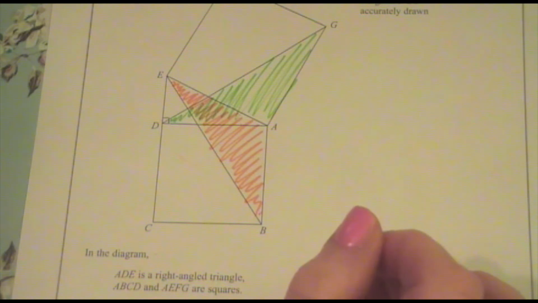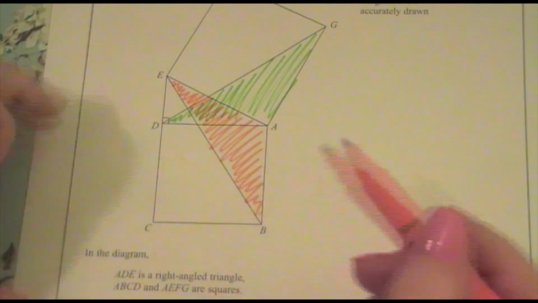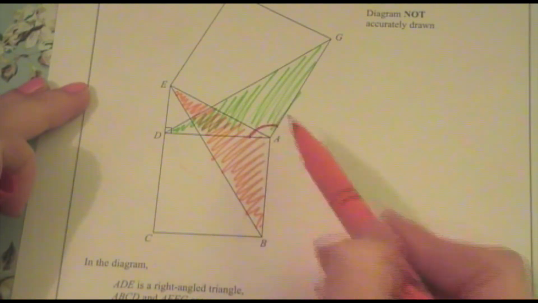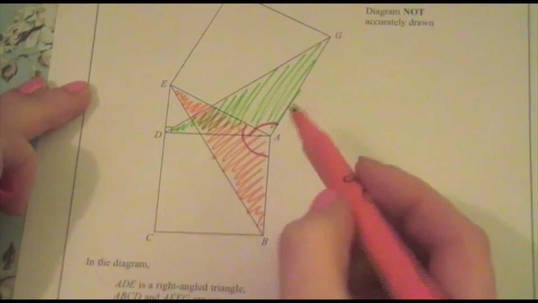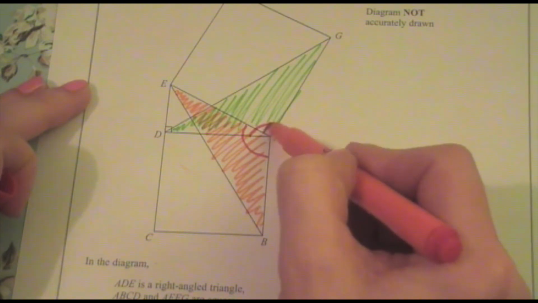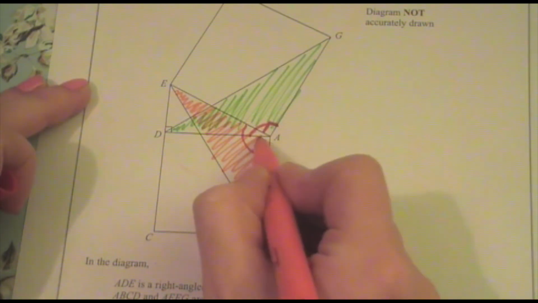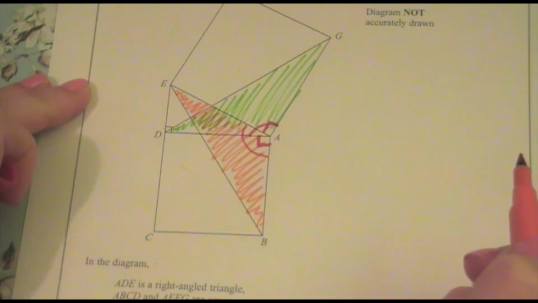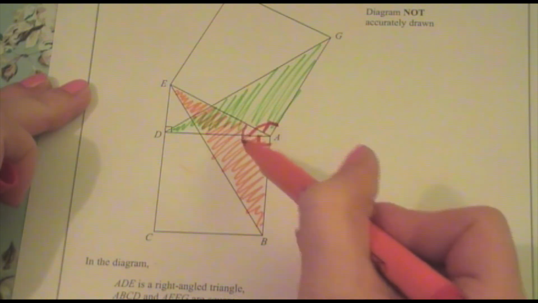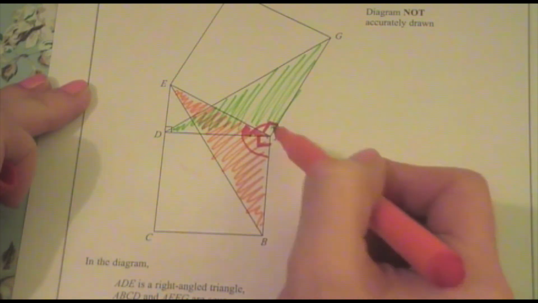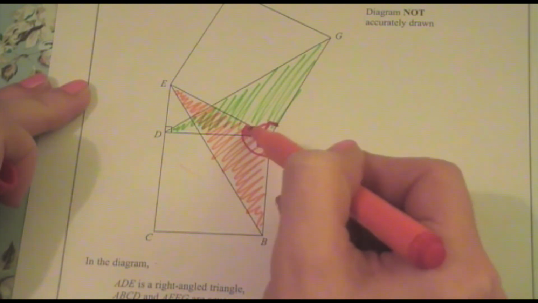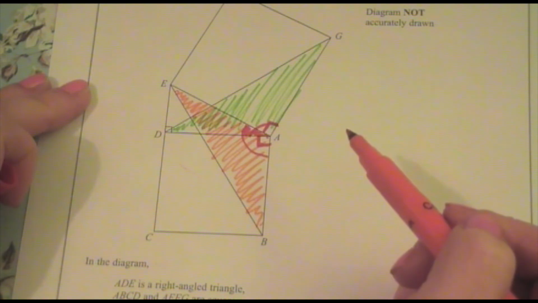I'm now going to focus on this angle, the angle of this triangle here and the angle of this triangle here. Now in a square, all angles in the corner are right angles. What we can focus on is that this angle is going to be a right angle plus whatever this is, and in this triangle, this has also got a right angle plus whatever that angle in the middle is.